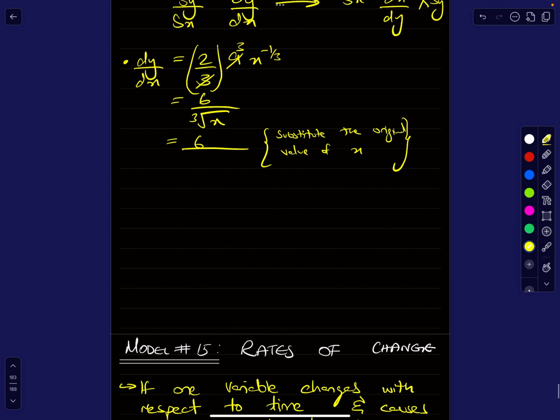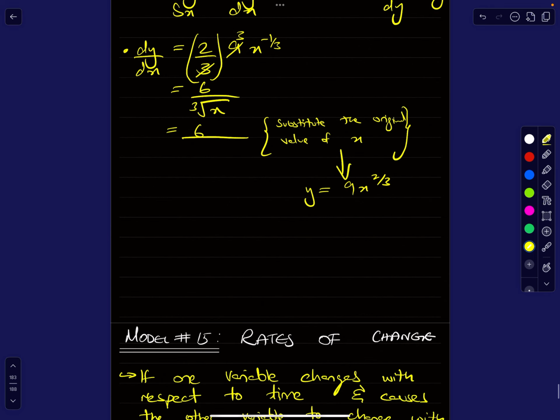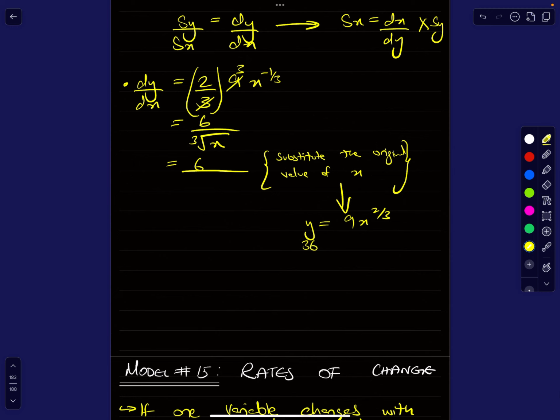So there's going to be another concept: using the formula to find the original value of x. The reason I made this mistake was I wanted you to learn what is the common mistake students make, so you don't make it yourself.